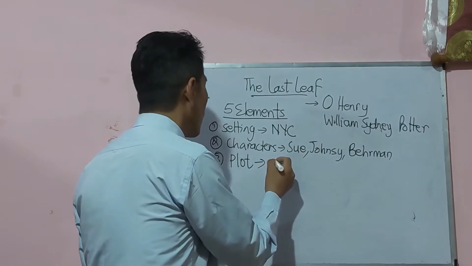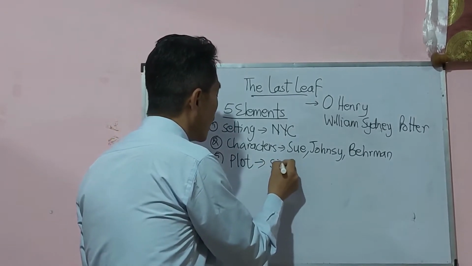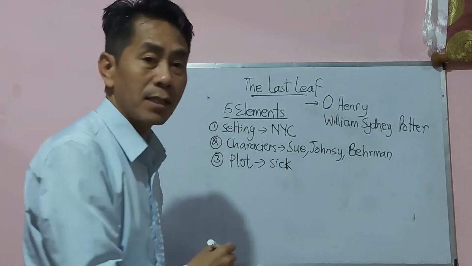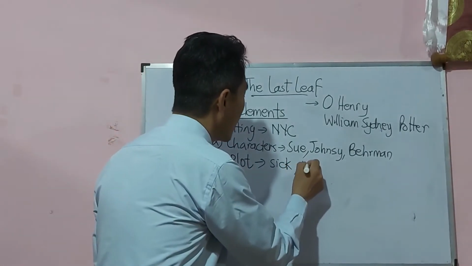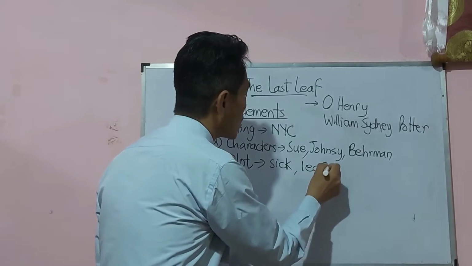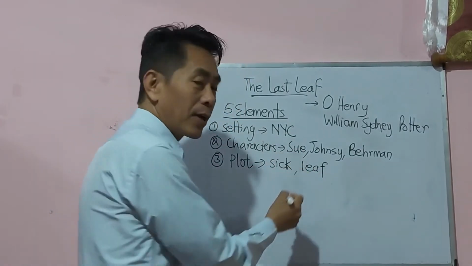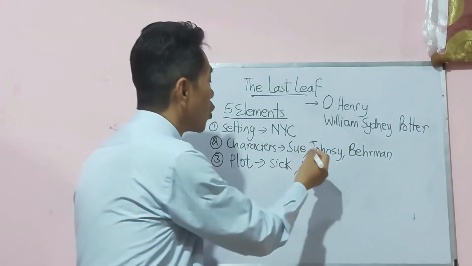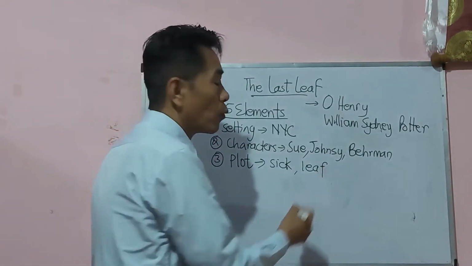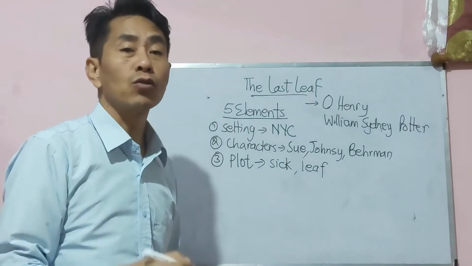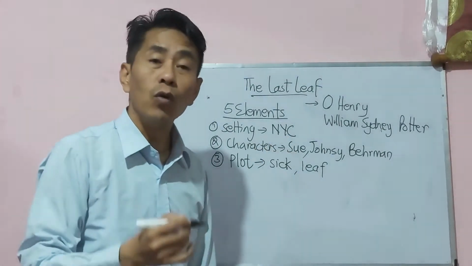What happens? The characters become sick, and there is a leaf, the last leaf. Johnsy was waiting for the last leaf to fall, and she believed that she would also die when the last leaf fell.